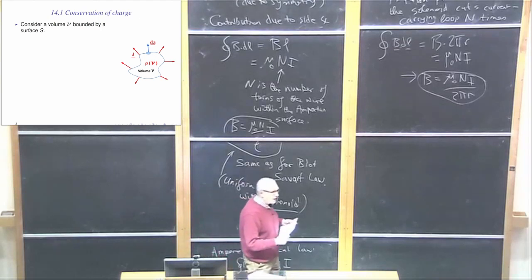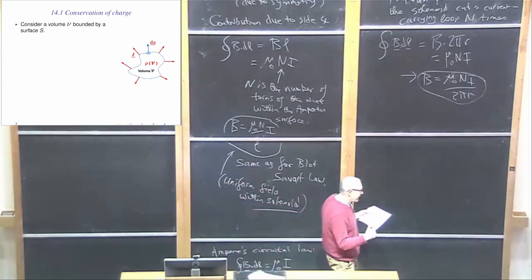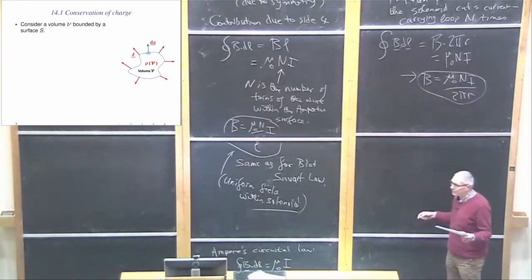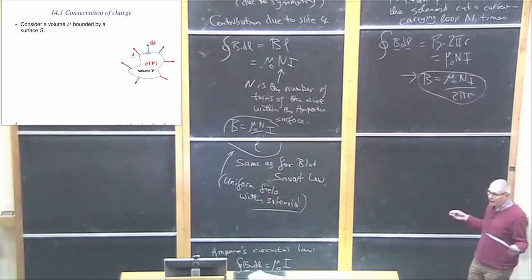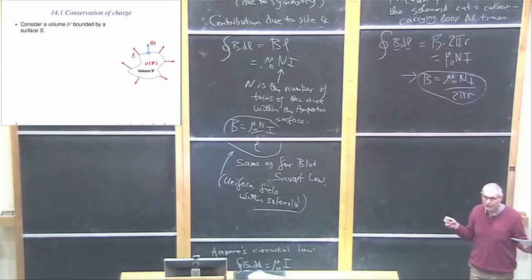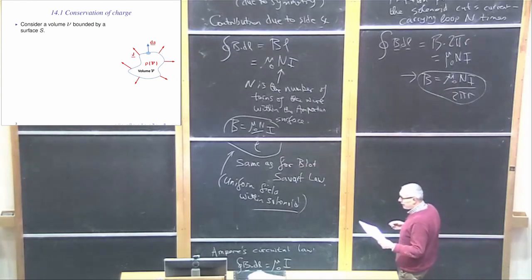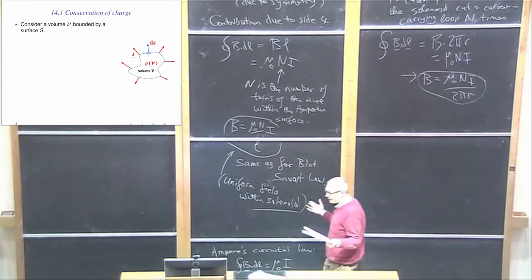Now, conservation of charge. Everybody accepts conservation of charge. In electromagnetism, there's a vector formula which is all you need to know about charge conservation. So I'm just generalizing things.